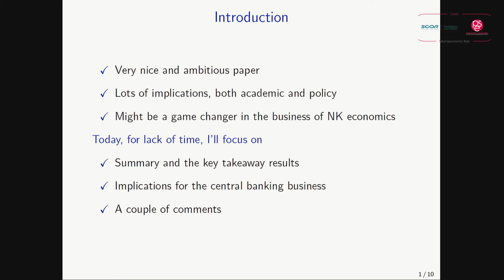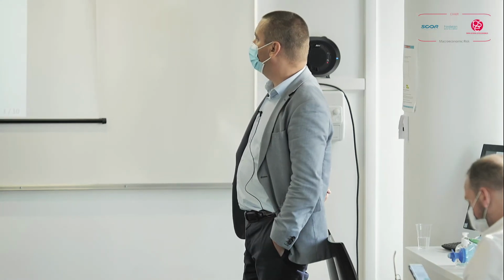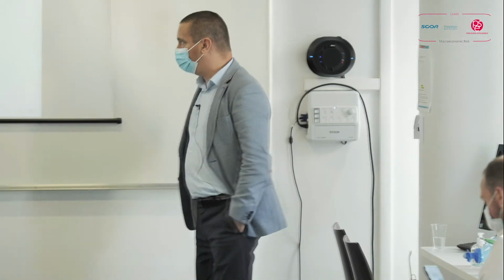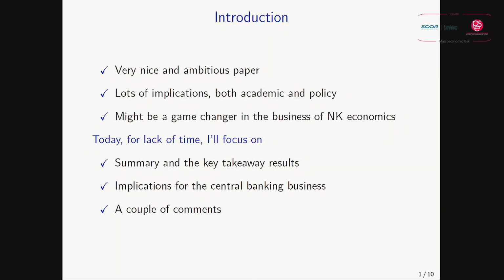So today, for lack of time, I focus on three key things: a quick summary and the key takeaway results, so at least what I would take away from the paper as an applied guy involved in central banking. Also, a bunch of implications for the central banking business, some of which were not presented by Olivier for lack of time. And a couple of comments.